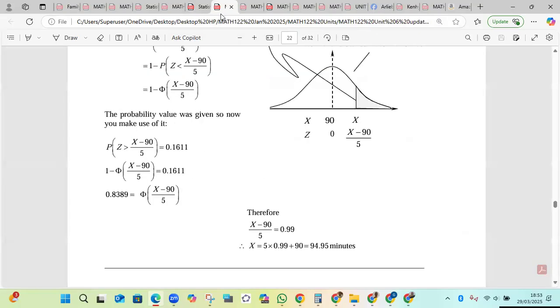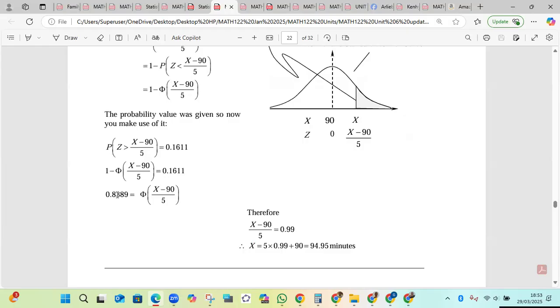So please try to include your curve, and you can do the algorithm. If you do not, I will not really penalize you, because the main thing now is to find Z. Here is showing you why you need to subtract 0.1611 from 1.